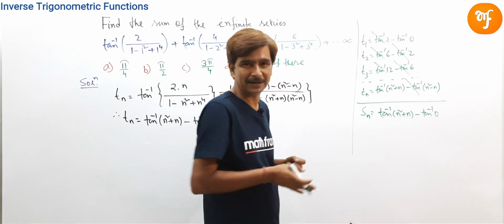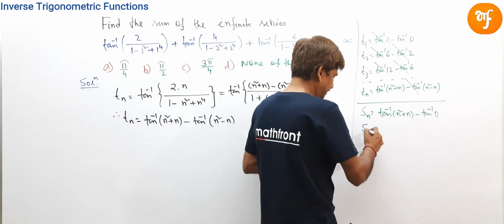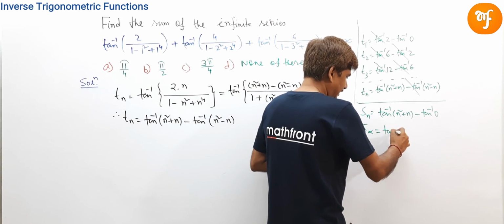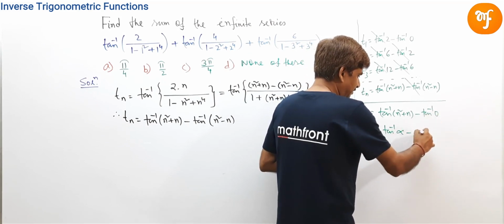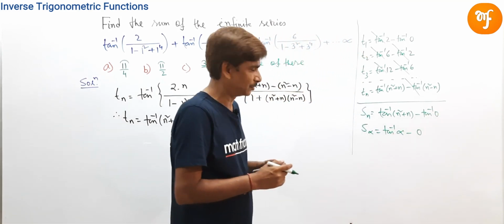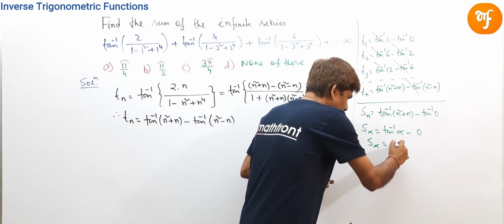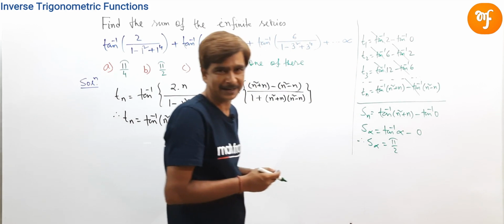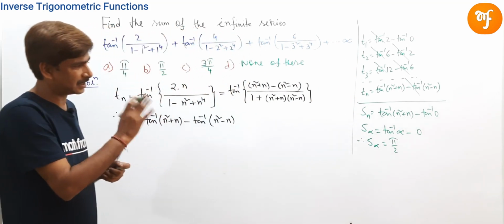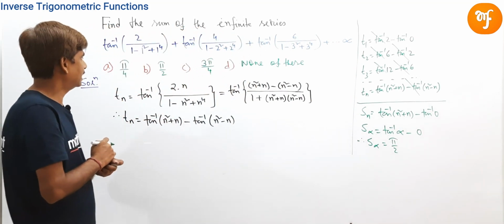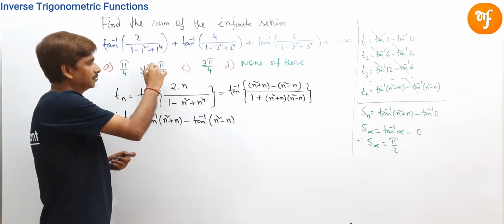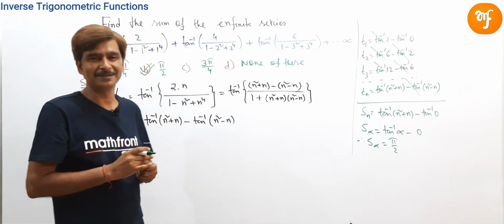Just substitute n by infinite. We will get S infinite is tan inverse of infinite minus tan inverse 0, which is 0, you know. So, what is S infinite? Finally, S infinite is equal to pi by 2, as tan inverse of infinite is pi by 2. Okay. So, our answer is pi by 2, and it is also in option B. So, our option is B.